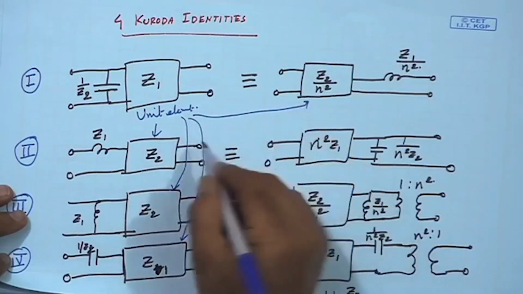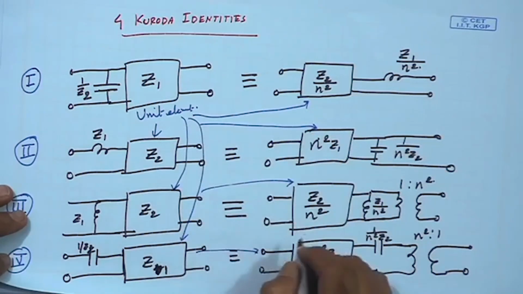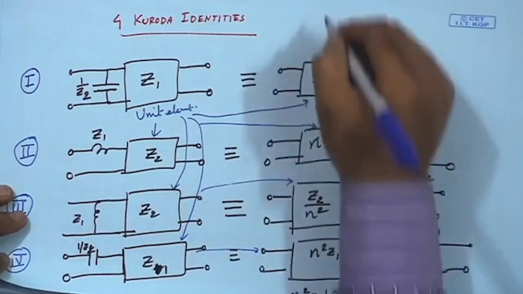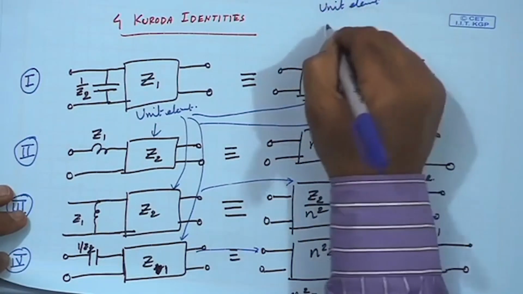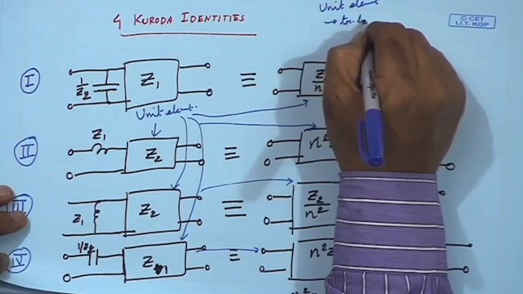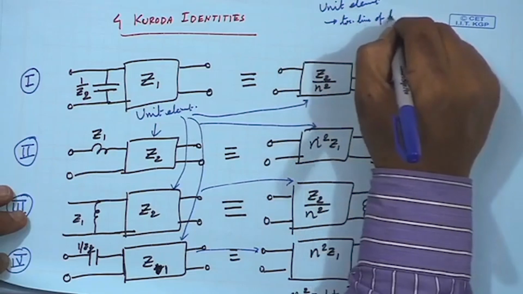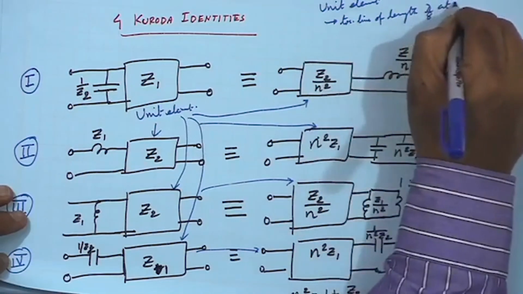What is a unit element? This is a transmission line of length lambda by 8 at omega c.